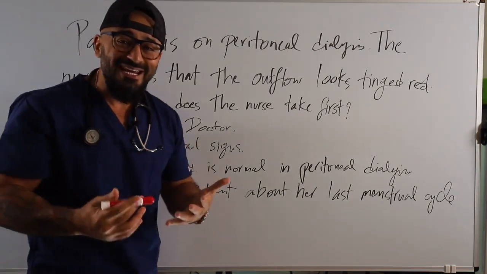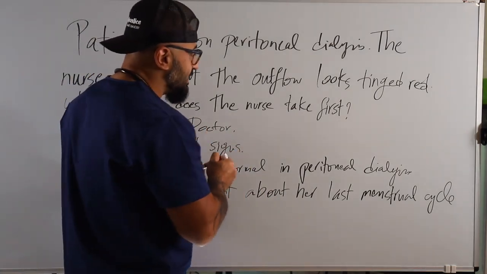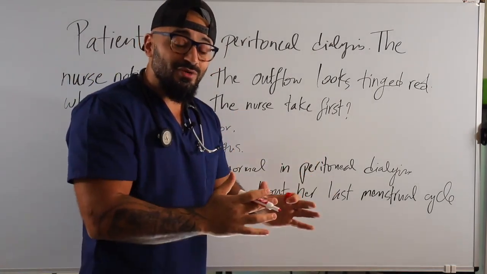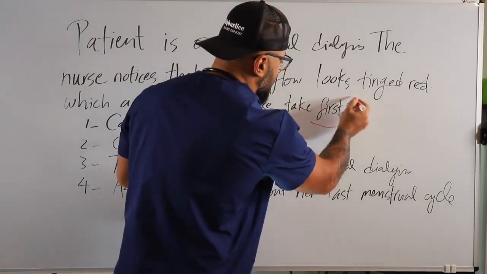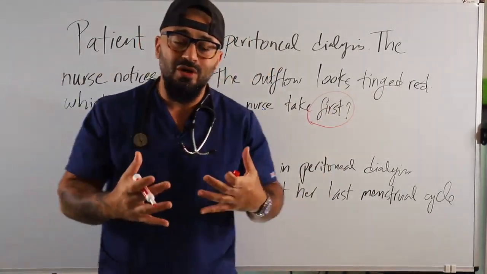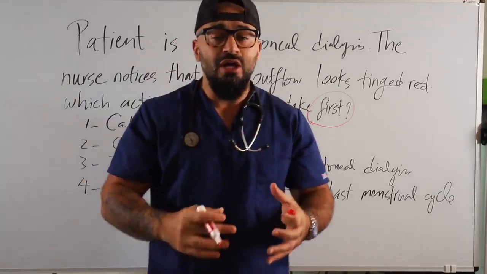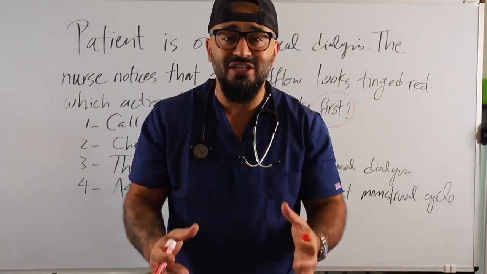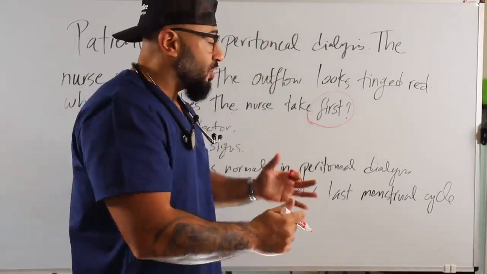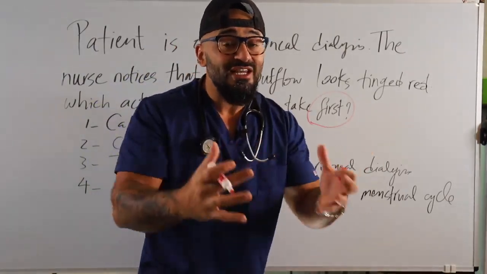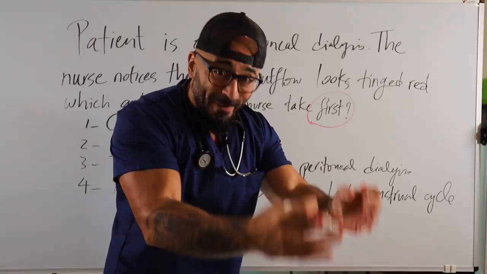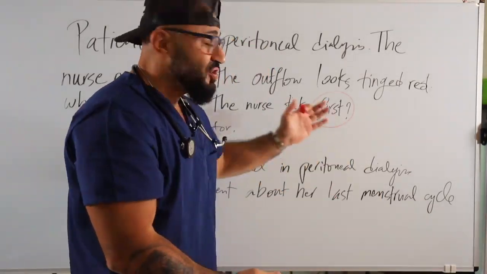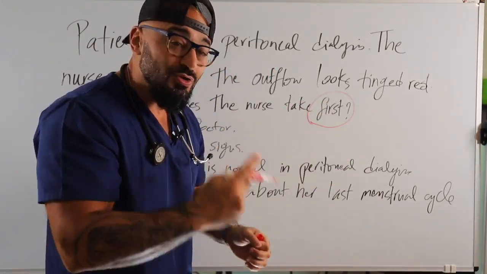All right. The first thing I notice on this question, the second time I'm going to read this question, I'm going to highlight keywords, right? But the first thing I notice is the word first. When it comes to the word first, immediately you've got to know that this is a prioritization question. Yes, prioritization question. So if you're one of my students and you know the 15 NCLEX strategies that you use with NCLEX questions to pass at 75, then you know for prioritization questions there are 2 strategies.